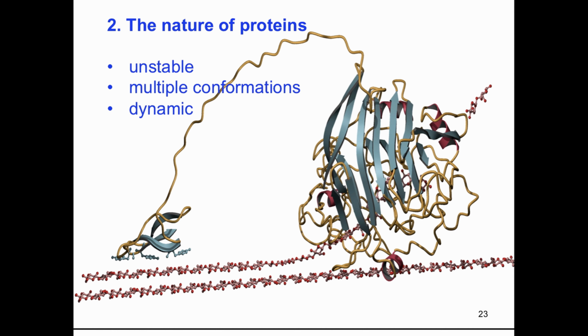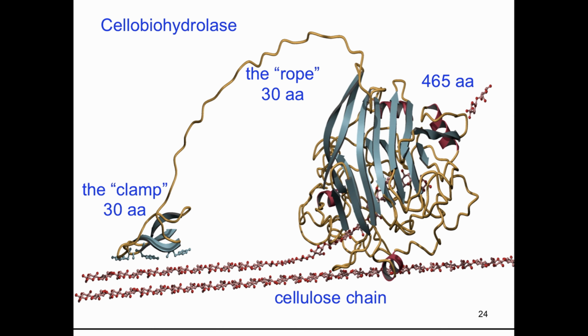And I'd like to show an example of one such case, which is this protein, a cellobiohydrolase, a cellulase. These are proteins that hydrolyze cellulose. Hydrolyze these cellulose chains. Now this protein we spent at least 10 years trying to crystallize.